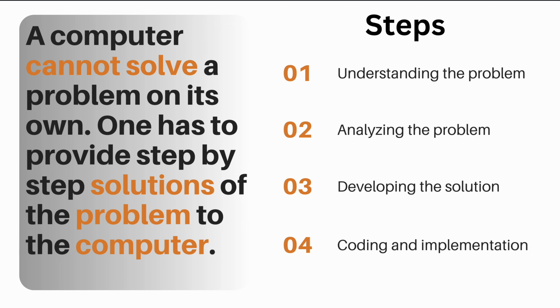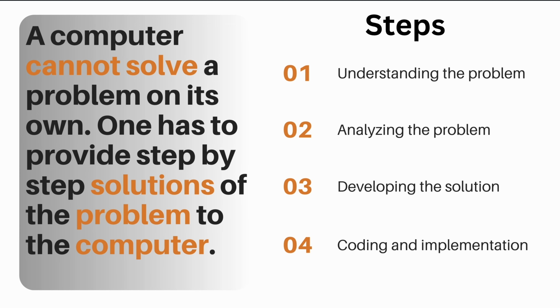Apply your mind, having understood the problem, and analyze the different ways it can be solved, who the problem is for, or who will benefit after developing a solution for this problem. So first understand, then analyze.